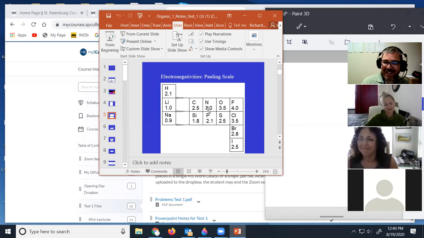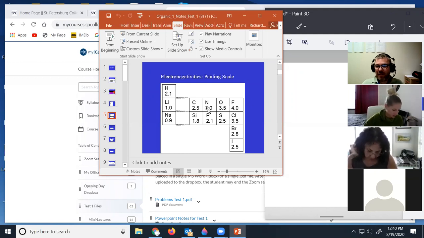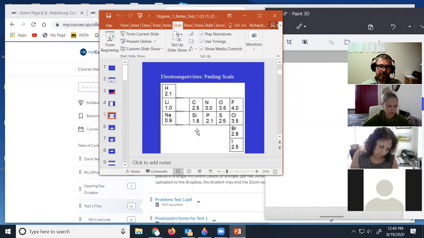It's in the PowerPoint. But it's also on any standard periodic table. It's usually an item on at least a Sargent-Welch one, but you can look it up on Google as well. You'll see them there, but it's all based on this scale. F is 4 and everything else is less than that. Okay. All right. Thank you.